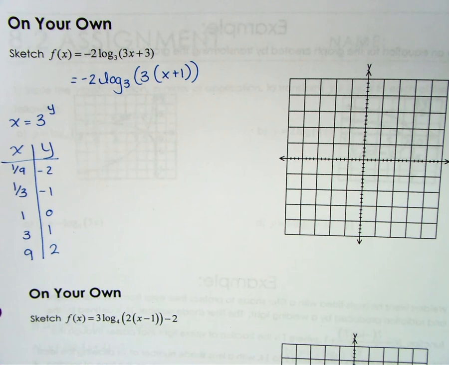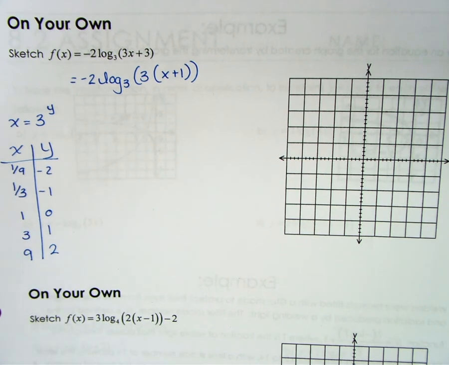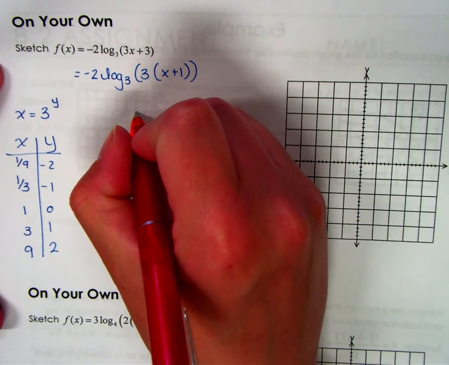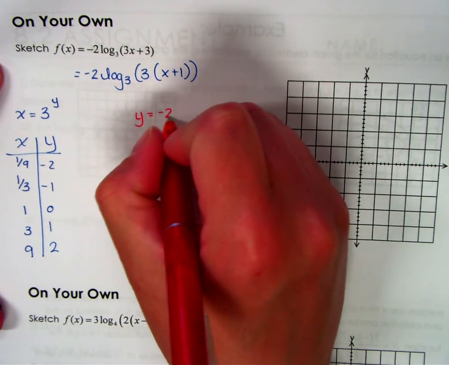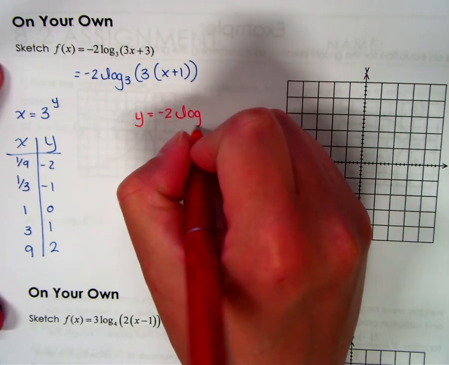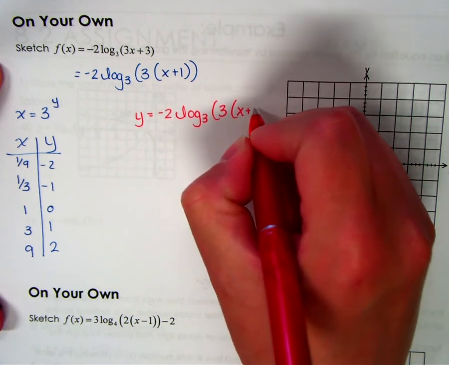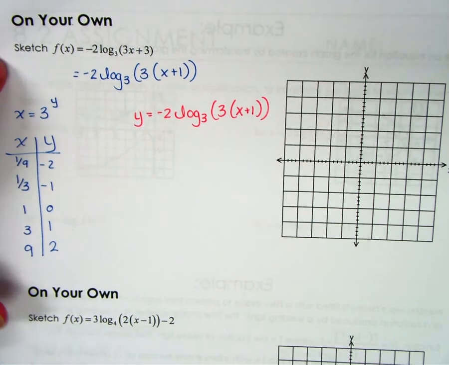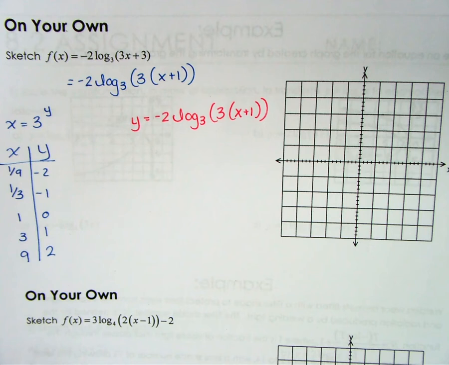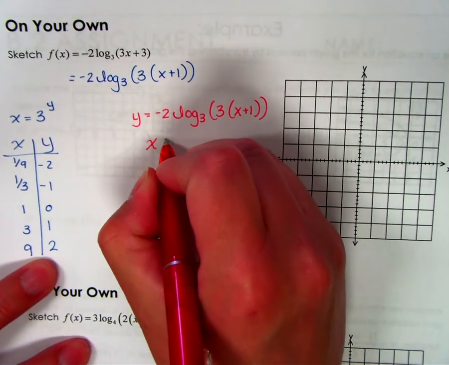So I find that helpful in the exponential form to do it and write that down first. We're going to have some fractions. Awful.